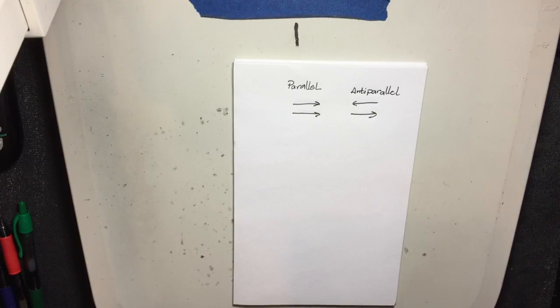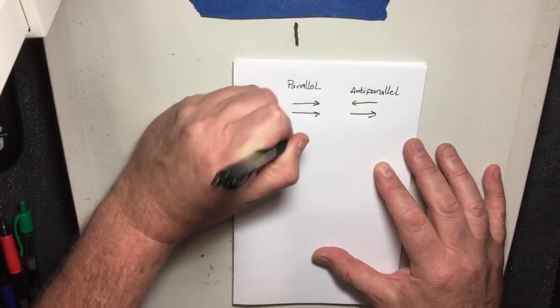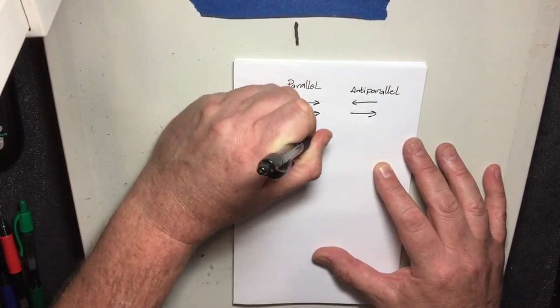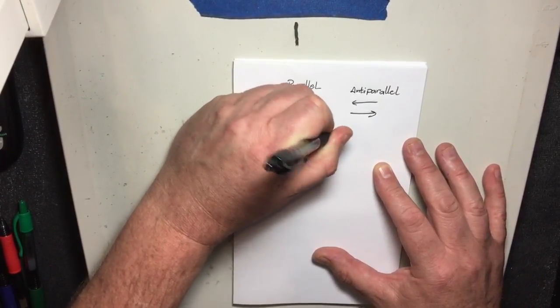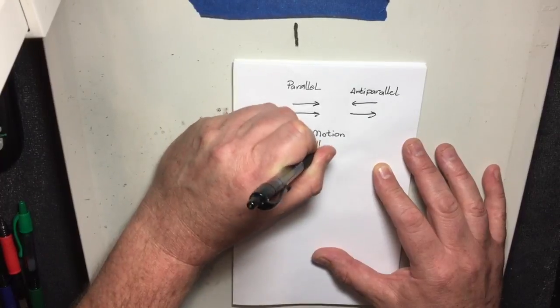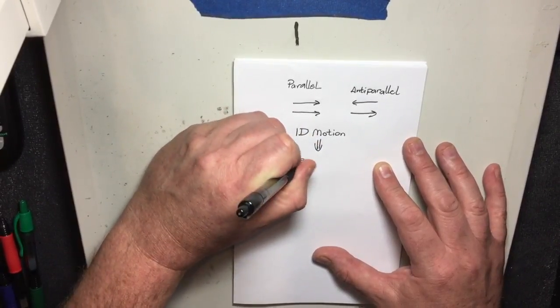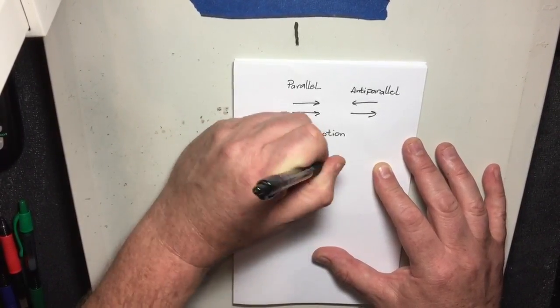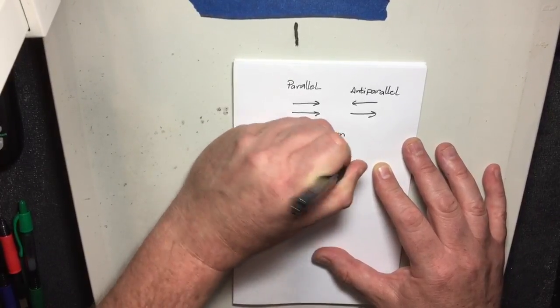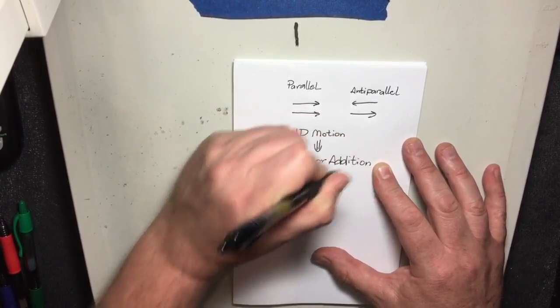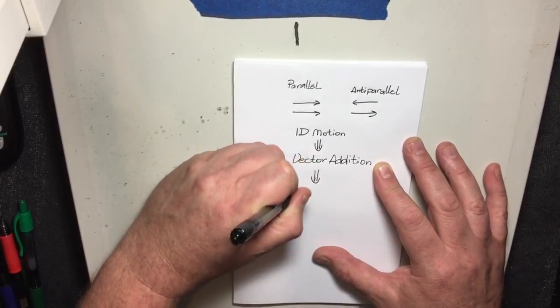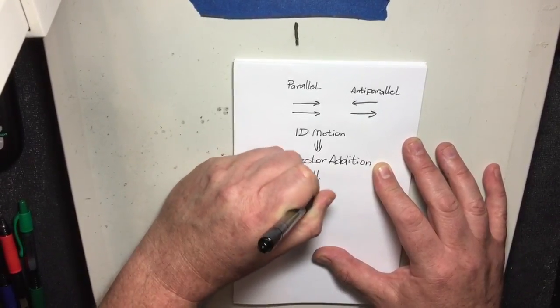Okay. The equations that we will use, and this is kind of the game plan for the next 2 weeks, is we will be covering 1D motion and then vector addition and then 2D motion.